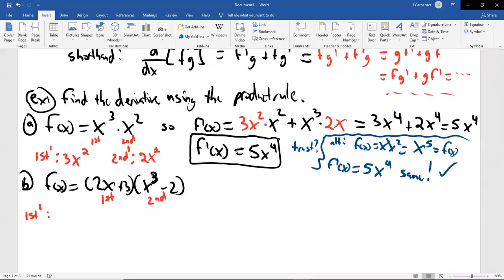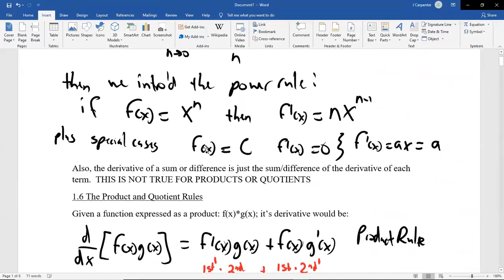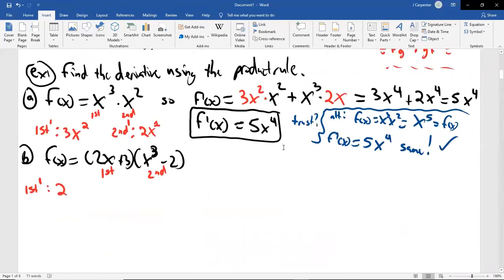So the derivative of 2x is just 2. Then the plus 3, scrolling up again, the derivative of a constant is 0. And again, we've rationalized this all algebraically and geometrically last time. The derivative of a constant is 0. So if you feel the need to write a plus 0 here, you can, but I'm not going to do that anymore. The derivative of the 2x was the 2.